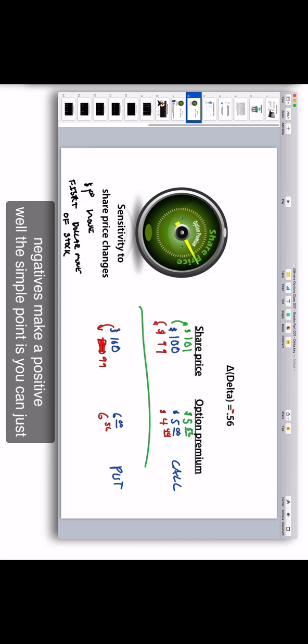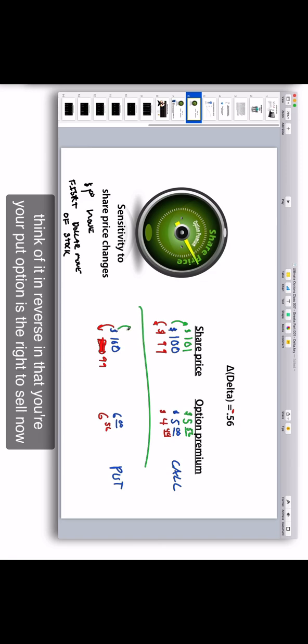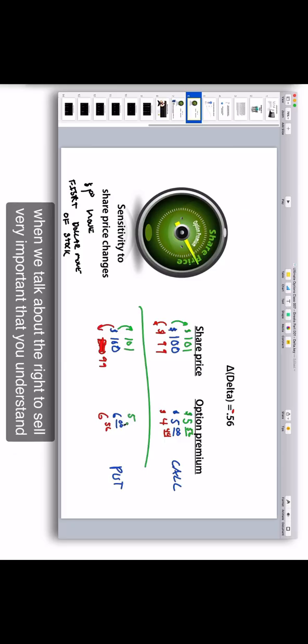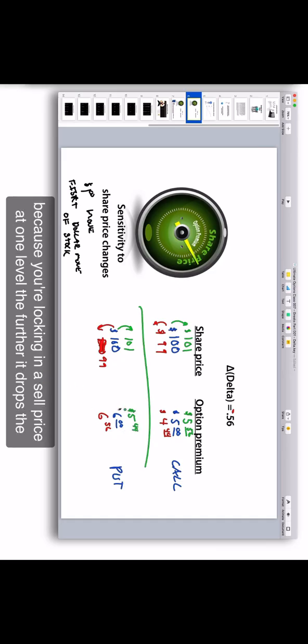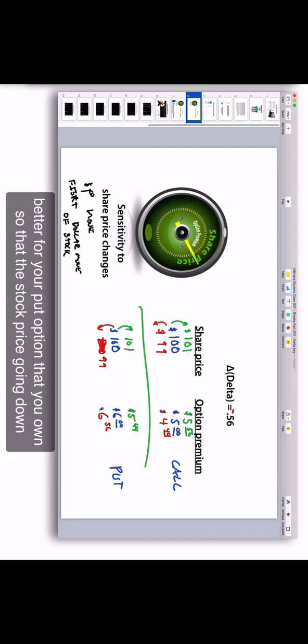Well, the simple point is you can just think of it in reverse, in that your put option is the right to sell. Now, when we talk about the right to sell, very important that you understand, because you're locking in a sell price at one level, the further it drops, the better for your put option that you own.